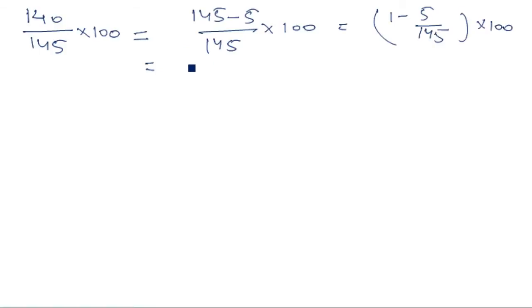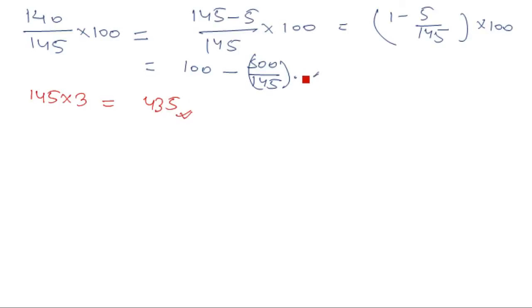This becomes 100 minus 500 by 145. Now we have to calculate this. 145 into 3 times, so write this part as 435 plus 65.